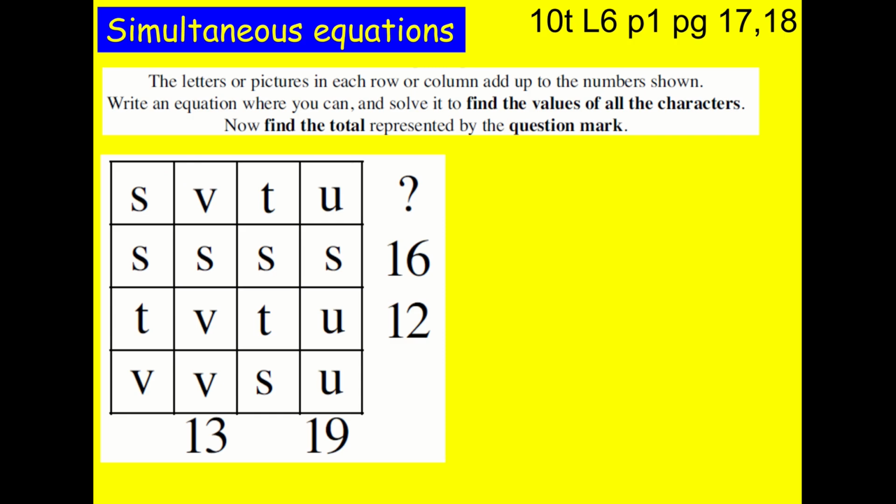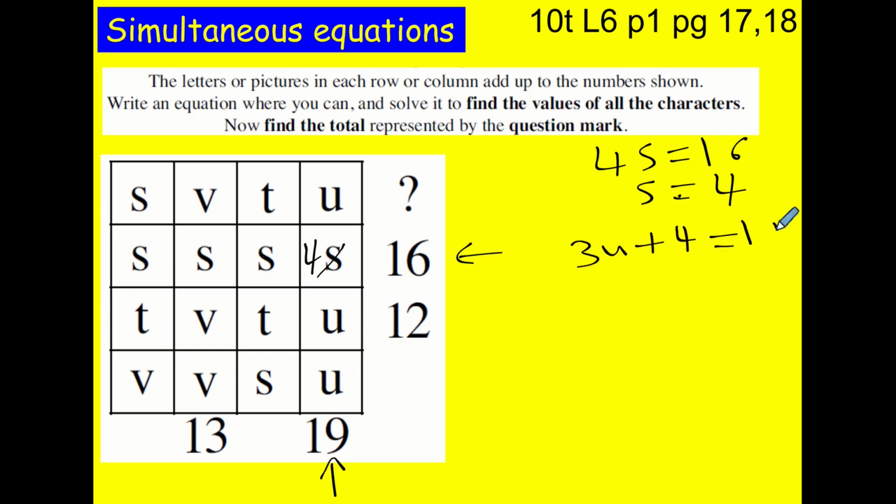Okay, to do this, I would start with this row here because I've only got a single letter going on. So it's going to be 4s is 16, and therefore s is 4. And I found my first one. I can replace it here because now I can look up this column, and then I've got 3u plus 4 is equal to 19.